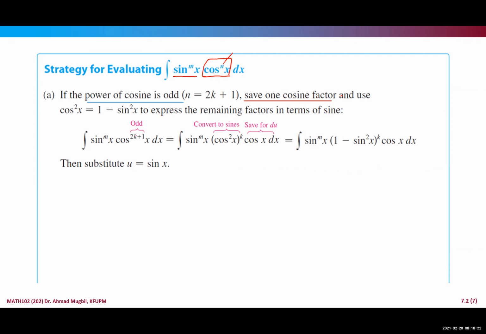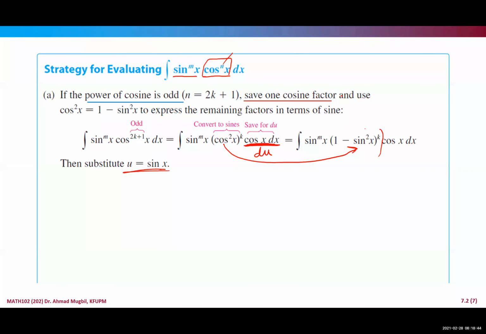When the power of cosine is odd, and you know that an odd number can be written as 2k plus 1, you will take one factor of cosine, and this will be your du, by the way, because you will choose u to be sine. You will write it by the Pythagorean identity.